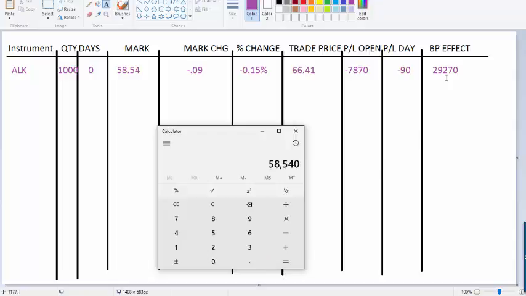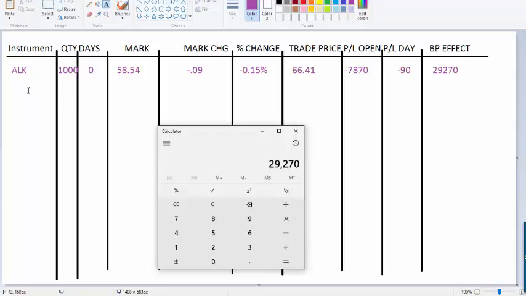Obviously, the reason why it's cut in half, divide that by 2, you have a margin account, 29,270. That's why these numbers come in the way they are. When you're trading stock, the margin gives you access to trading the same amount of shares for half the price. So that's a big advantage when you're a trader. That's what a lot of people are looking for.